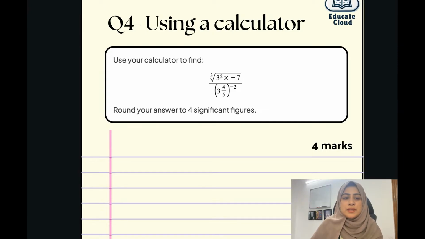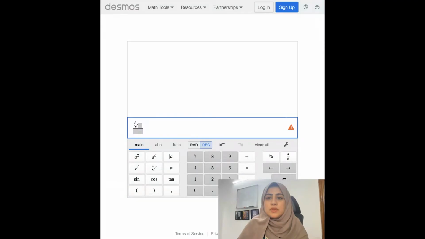I would look at this, and if you guys can also try this as well, go onto the Desmos Scientific Calculator. First of all, we need to put in the divide bit, and then we're going to use the cube root. So we're going to put the divide bit to split it open like that.